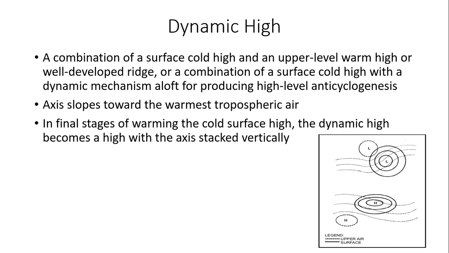With the low, for example, you notice that the surface low is located to the southeast of the upper level low, and the surface high is located to the northeast of the upper high. So these systems tend to really rely on the jet stream for energy, and temperature contrast, especially in wintertime, really energizes dynamic lows and dynamic highs.